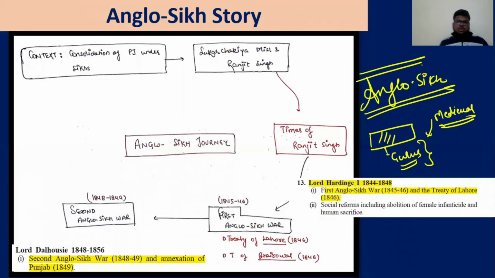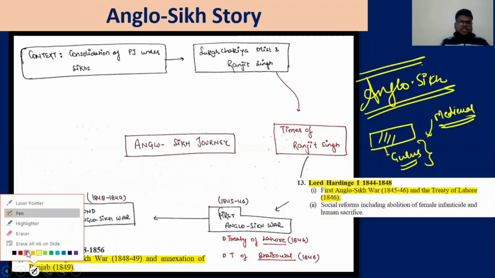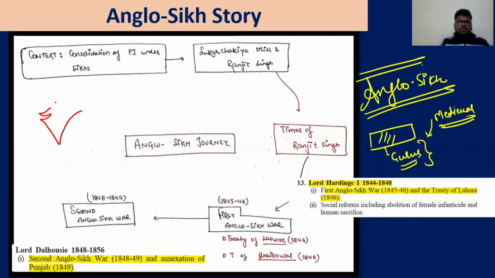So for the Anglo-Sikh story, let's start from the context. We have seen that Punjab was a battleground for invasions. And that is why you can see a lot of anarchy in this place. Till the time Guru Gobind Singh was there, or a very strong Guruship backed by a military was there, it was fine.